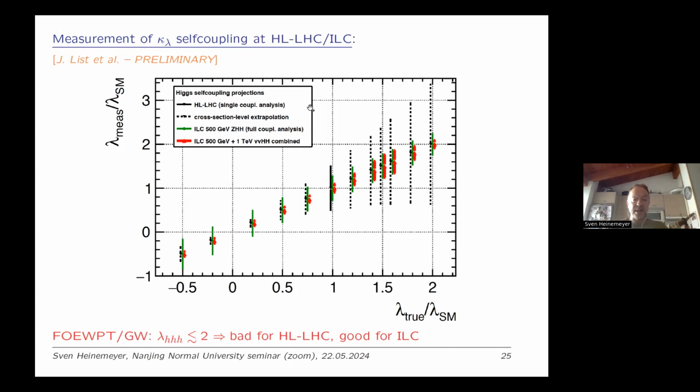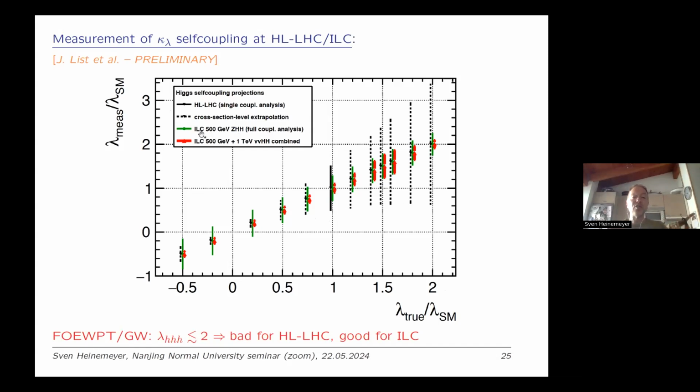The black lines indicate the high luminosity LHC precisions, where 1 is the one that we've seen, the 50% determination. And then these others are extrapolated coming from the size of the cross-section that survives. And remember, the cross-section goes down, meaning the precision in kappa lambda also goes down. This is why these bars become larger.